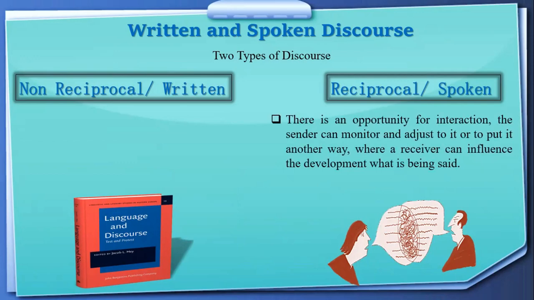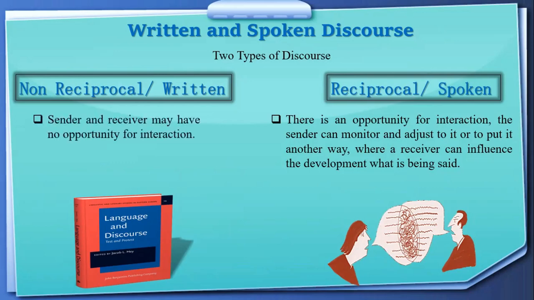Reciprocal or spoken discourse is an opportunity for interaction. The sender can monitor and adjust, or to put it another way, the receiver can influence the development of what is being said. So this is how we define reciprocal or spoken discourse: it is used for interactions, and usually the sender monitors the messages or information he sends.